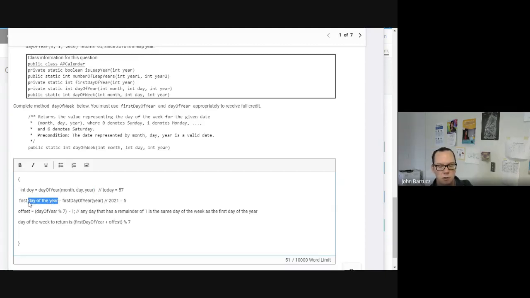I'm going to call this first equals the first day of the year. I'm going to call this offset. And then I'm just going to return whatever the first day of the year was, plus the offset, modulus 7, to give me the actual weekday.